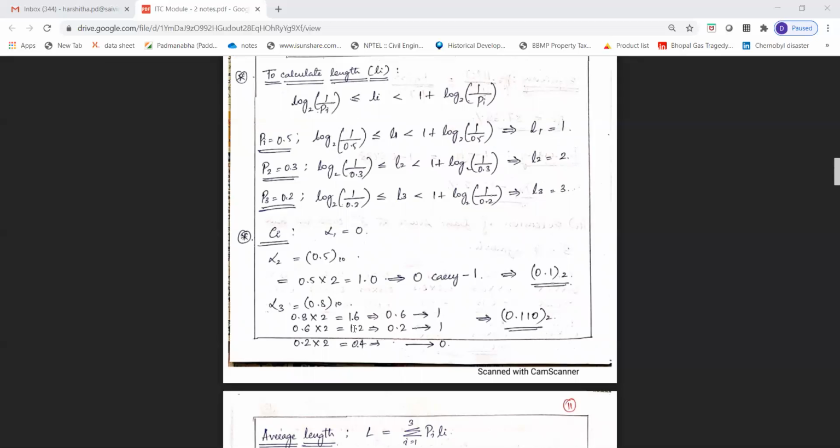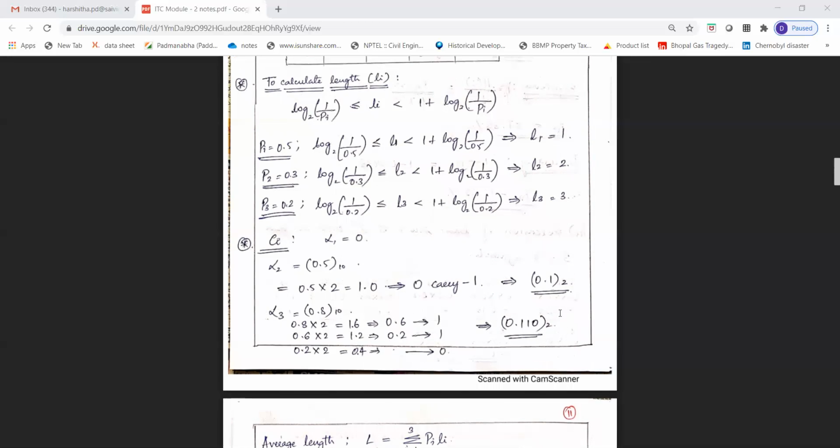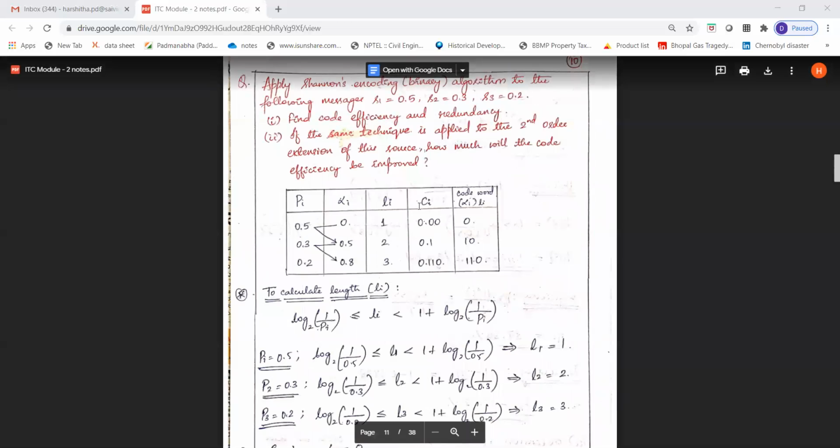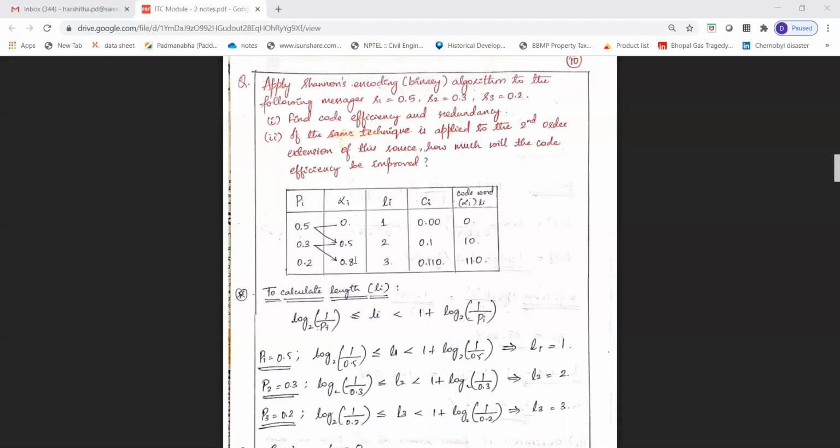This 1 again is the carry, so I'll write 0.2 with carry 1. Next, again I'll multiply this 0.2 by 2. I'll get 0.4, so the answer is 0.4 with carry 0. So the binary value of this is 0.110 in binary.